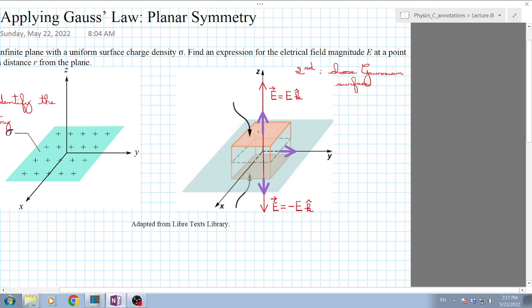So maybe the top and the bottom surfaces here. Our unit vector is going to be k.